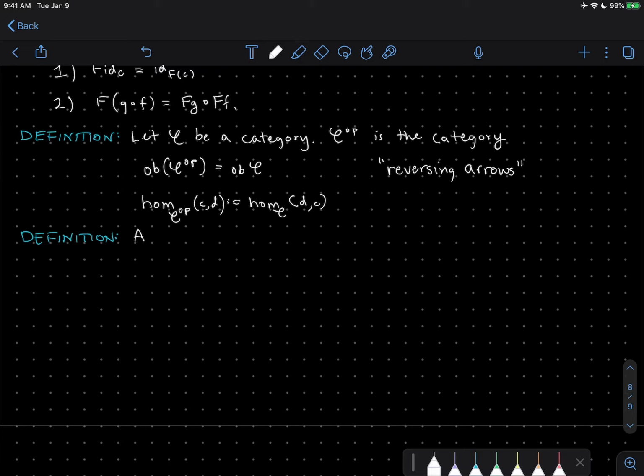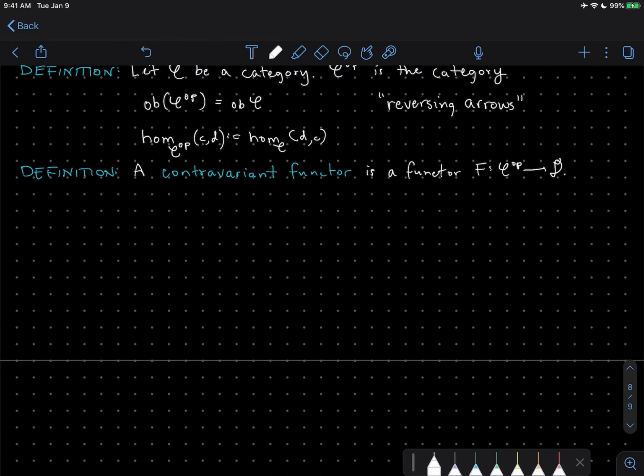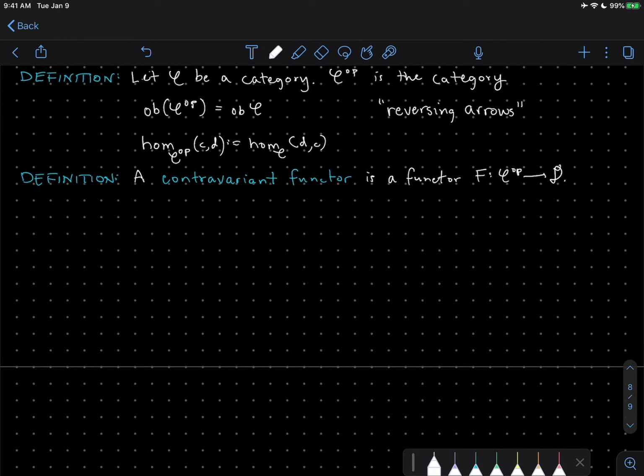A contravariant functor is a functor F from C op to D. Now the thing is, it's really just a functor from C op to D, because C op is a category, and we tend not to say it's a contravariant functor from C to D. So the terminology is a little bit excessive, but what we can do is talk about the variance of a functor.